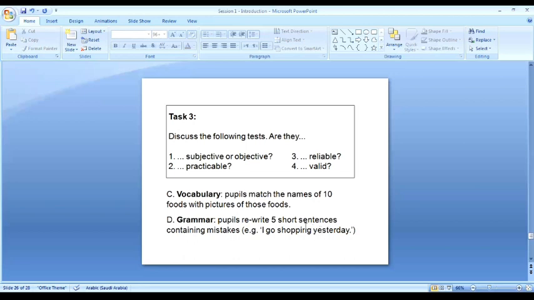E, speaking. Pupils each have a 10 minute interview alone with the class teacher. F, listening. Pupils listen to 5 spoken sentences and underline the correct answer to the questions. You're going to decide whether these are subjective or objective, practicable, reliable, or valid.